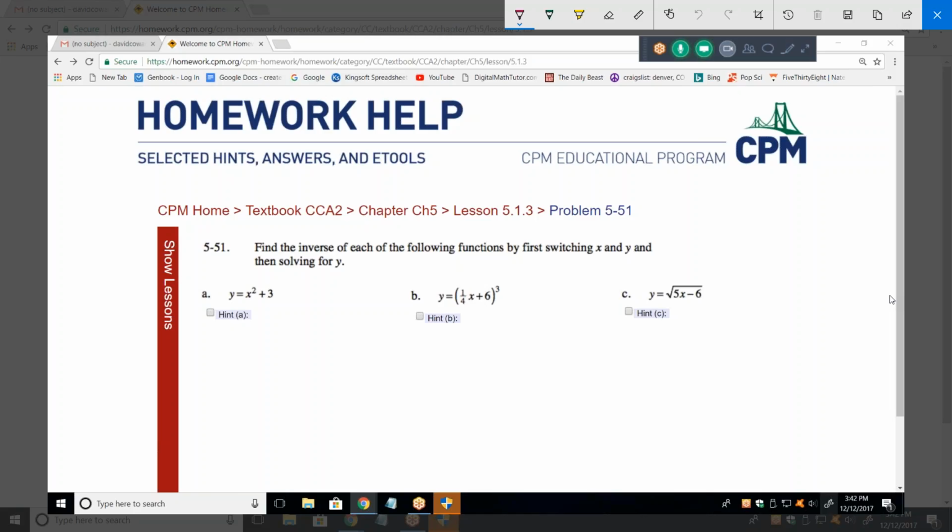Okay. That tells you exactly how to find inverses, and those are the only two steps you ever need to remember. You switch x and y, and then you solve for y. Okay? So, get me going. First thing I should write.